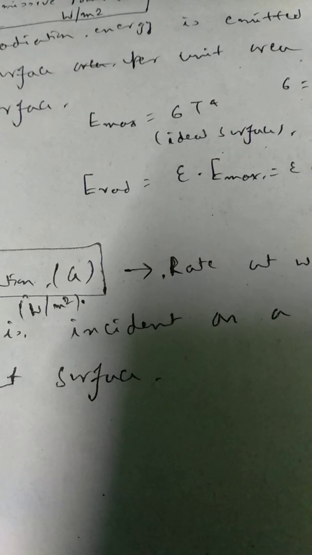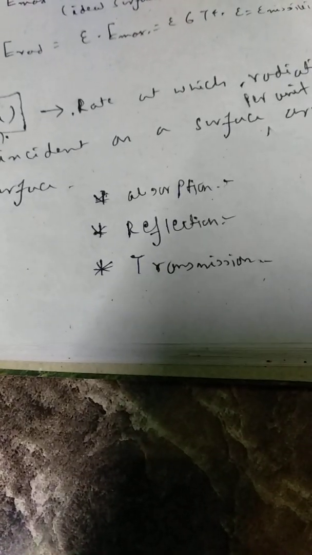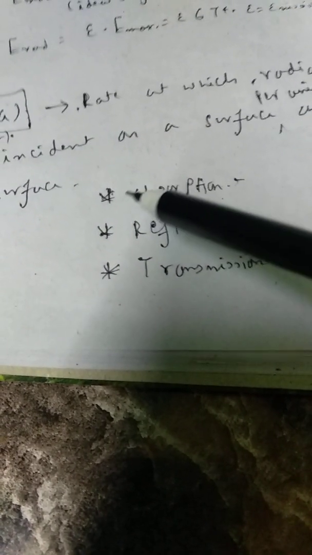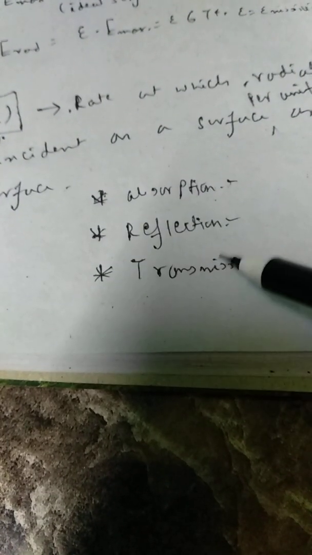Now, this irradiated energy which falls on the surface of the table can have three outcomes. Either it will be absorbed, or it will be reflected, or it will be transmitted, depending upon the surface.